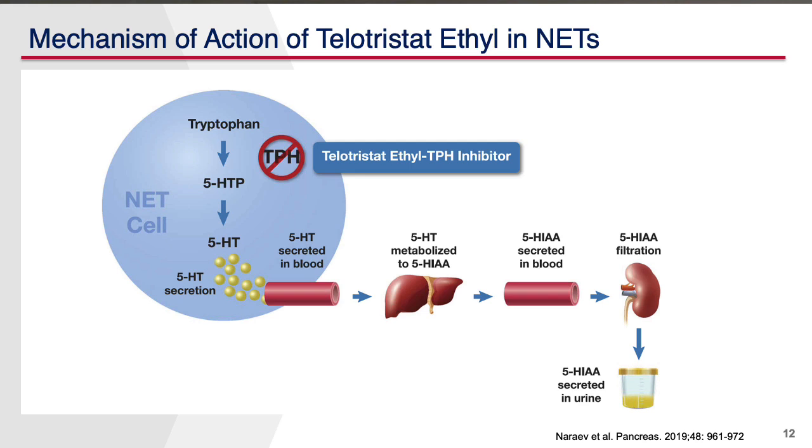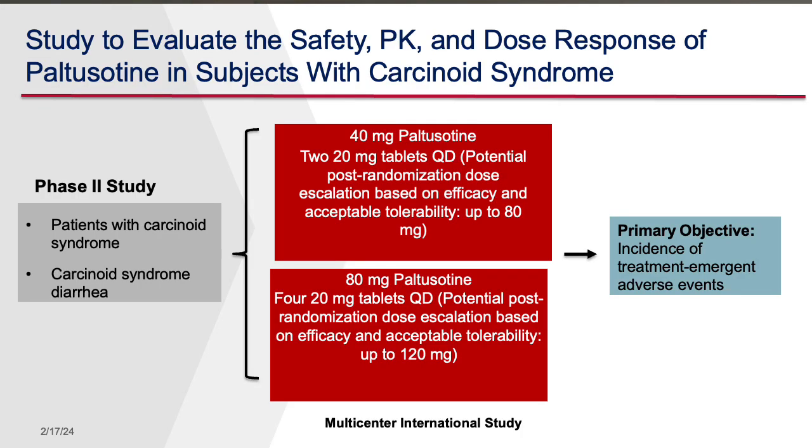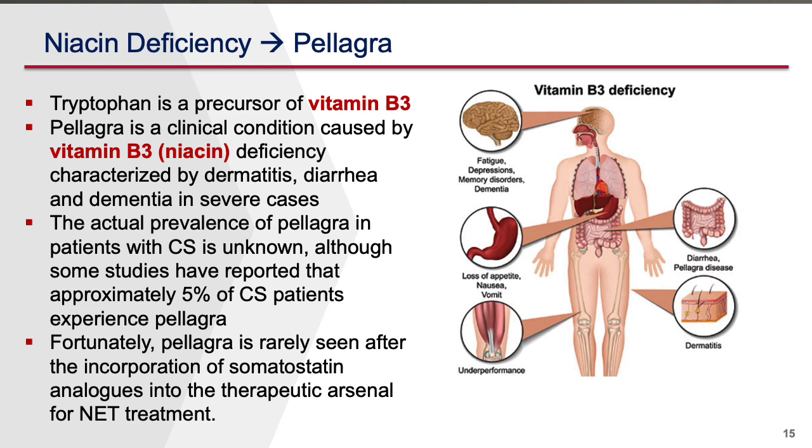As we discussed, tryptophan is an essential amino acid. Most of the time it is acquired from the food that we eat. But if you have a tumor with carcinoid syndrome, all this tryptophan is utilized to make serotonin. And because it's utilized to make serotonin, patients can be deficient of tryptophan. So that's the reason why it can cause pellagra or this deficiency of vitamin B3.